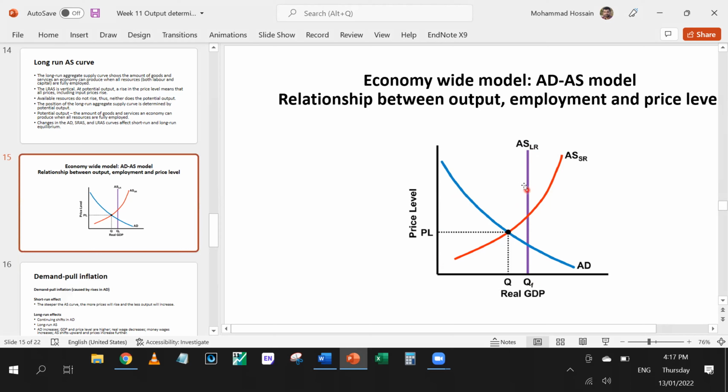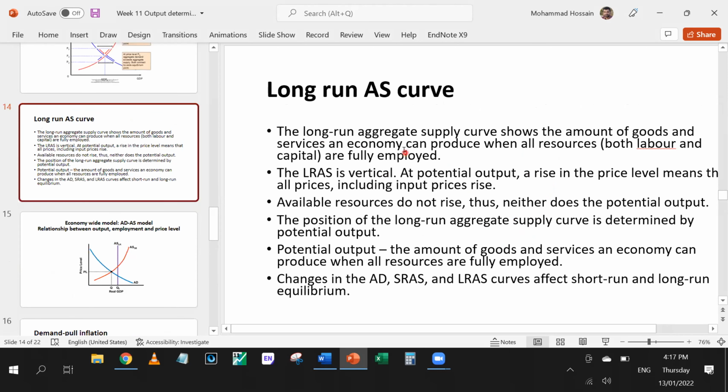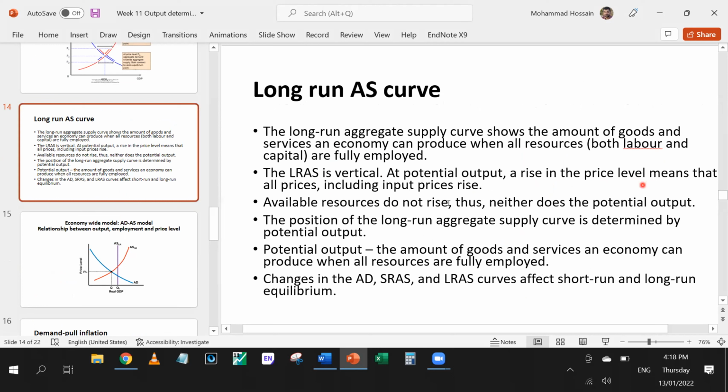Okay. So that's what they mean here by the long-run aggregate supply curve. The long-run aggregate supply curve shows the amount of goods and services an economy can produce when all resources, labor, and capital are fully employed. That means the maximum they have. So long-run aggregate supply is a vertical line at potential output. A rise in the price level, meaning all prices including the input prices, does not make available resources rise.